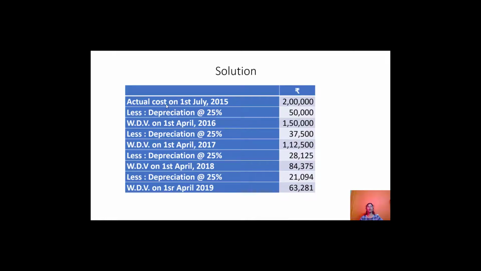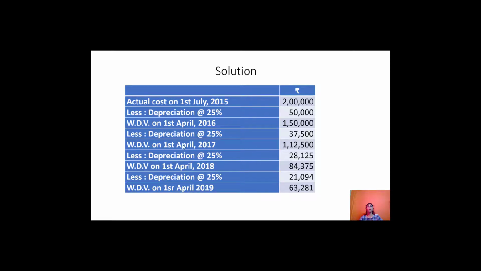Now here the actual cost of the machinery on 1st July 2015 is 2 lakh. We have to charge depreciation for the year 2015-16 at the rate of 25%. So when you deduct the depreciation, the written down value on 1st April 2016 is 1,50,000. Again charge depreciation for the year 2016-17 at 25%. And when you deduct it, you will get the written down value on 1st April 2017, that is 1,12,500.